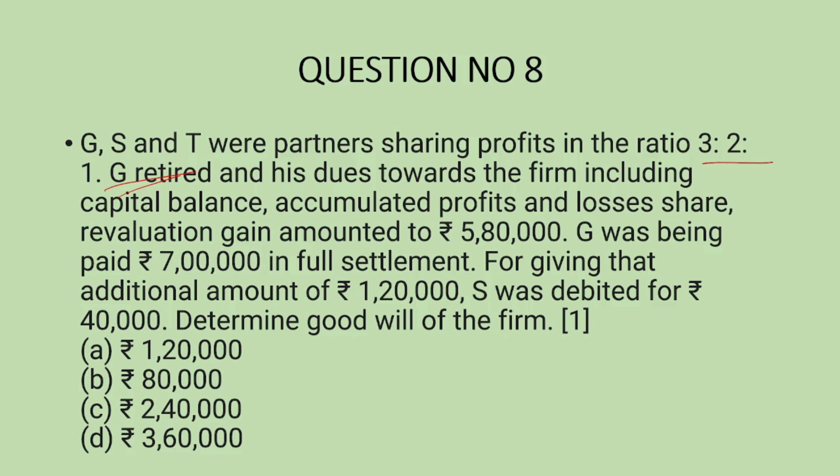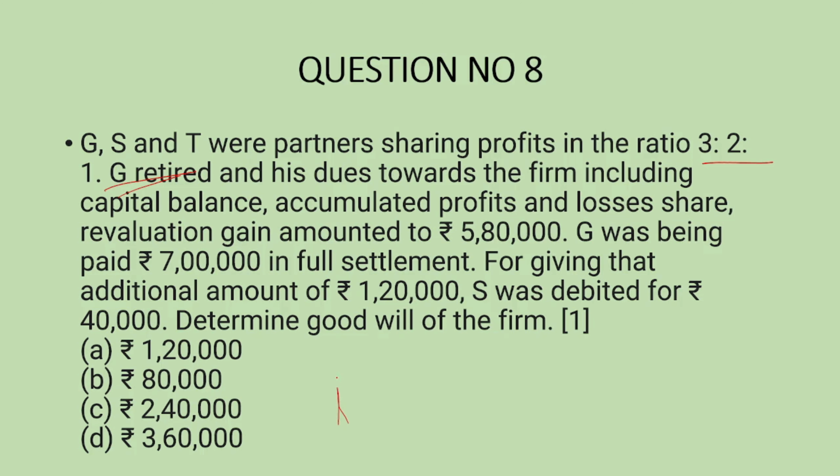G was being paid 7 lakhs in full settlement. For giving that additional amount of 1,20,000, S was debited rupees 40,000. So determine the goodwill of the firm.